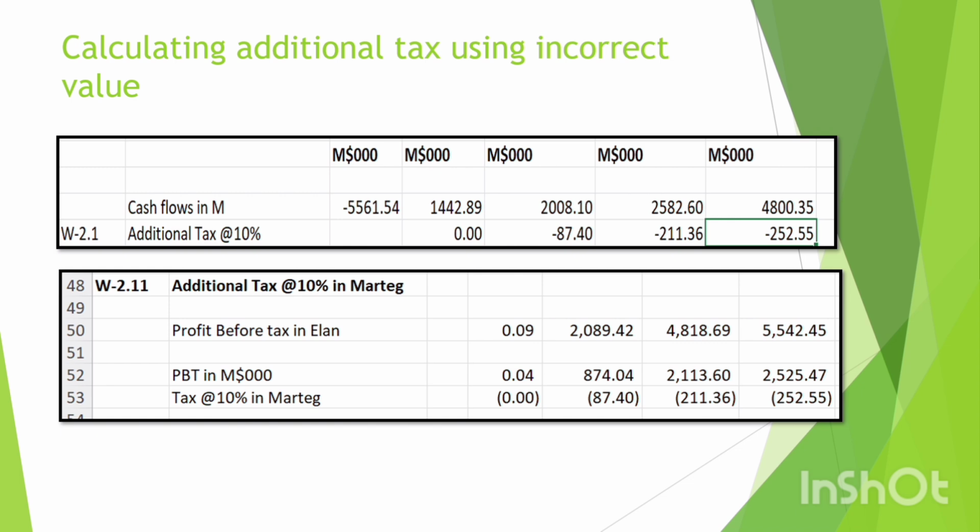You just need to pay on the difference. So for example, 20% you have already paid, you can claim exemption for that, and you only have to pay 10% in your current country. This is what the tax treatment actually is, and this is called the additional tax that you pay in your current country.